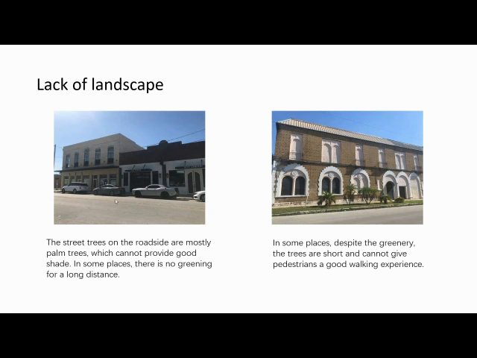And from this picture, we can see over a long distance there is no greening. So walking through this area, they will feel hot and uncomfortable. And in many places, the street trees are very short and can't give pedestrians a good walking experience.